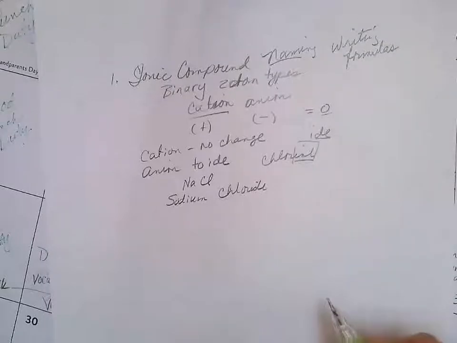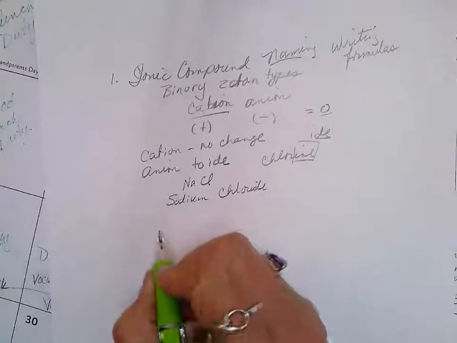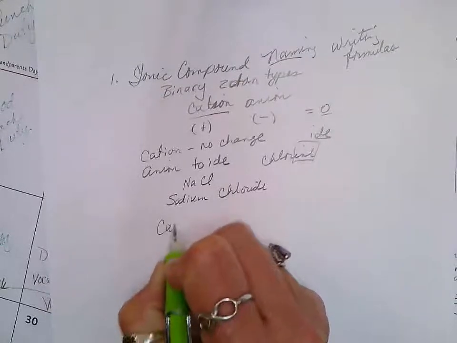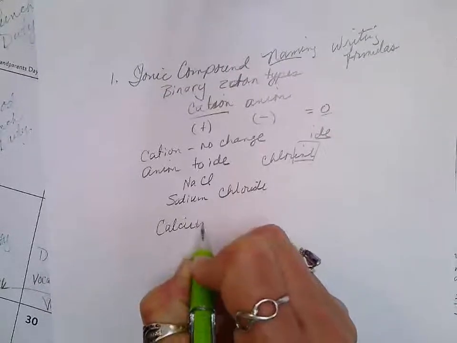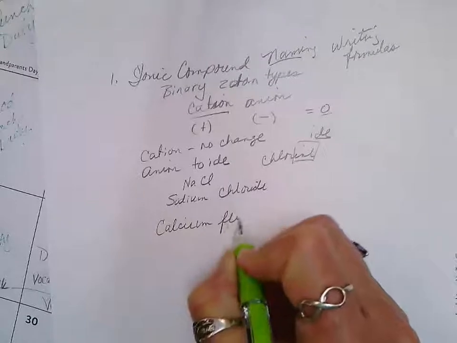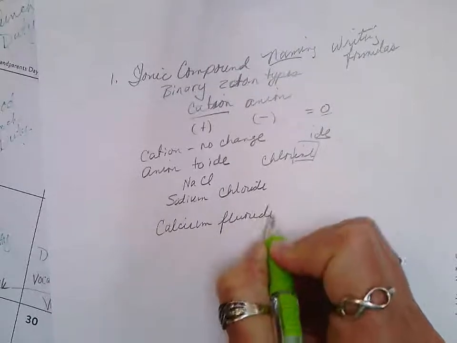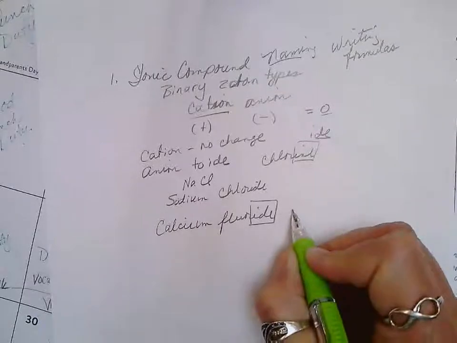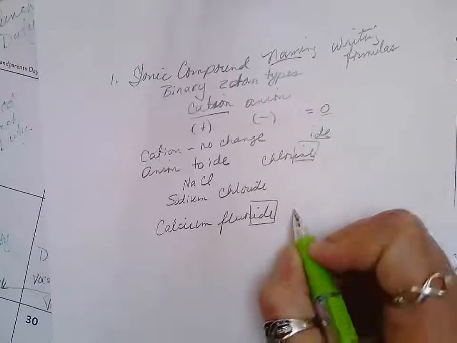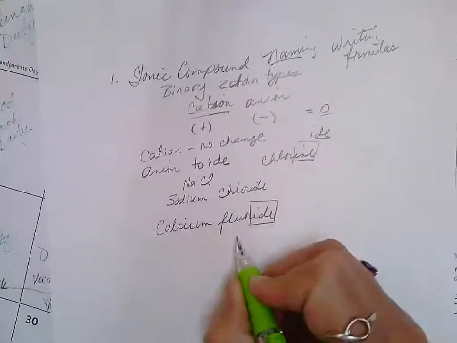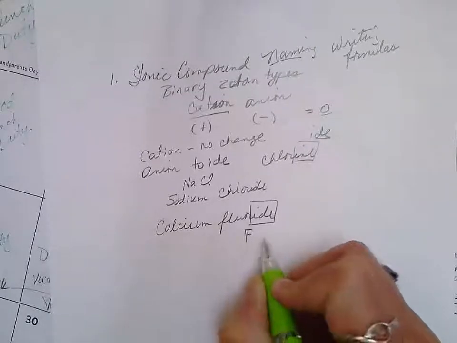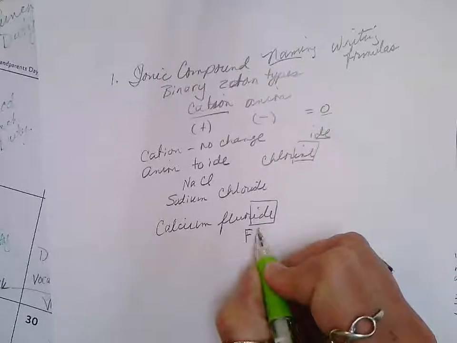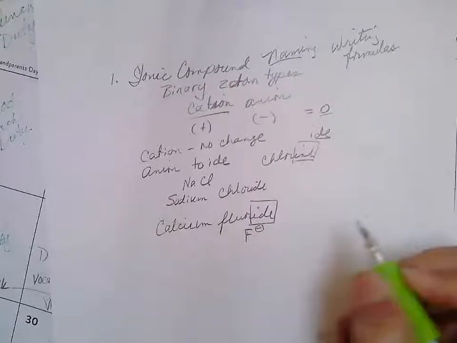So when I have a name, let's say I have something like calcium fluoride. I know since this ends in IDE that it's going to be the element with a negative charge. So I'm going to be looking at fluorine, and I have to have memorized its charge, which is a -1.